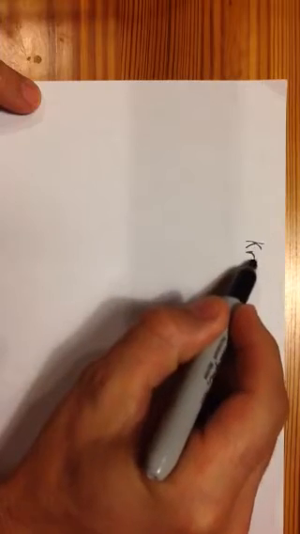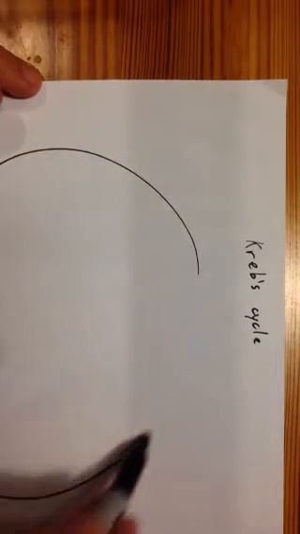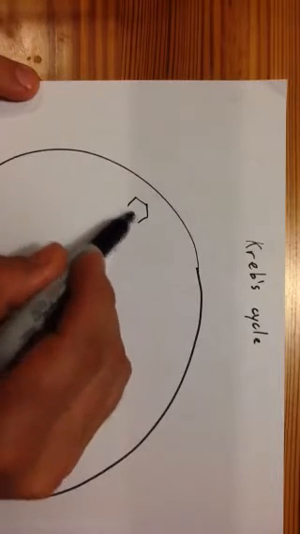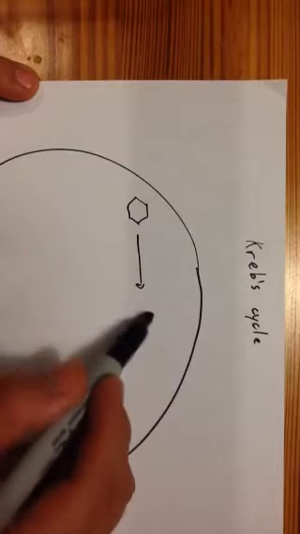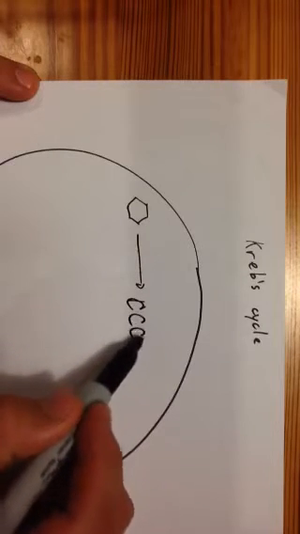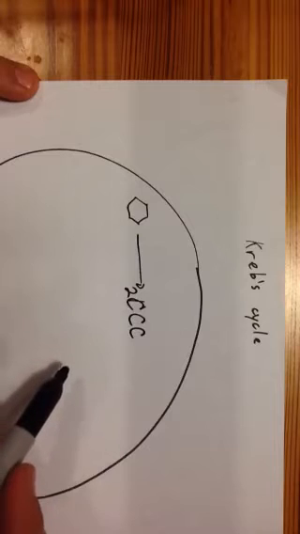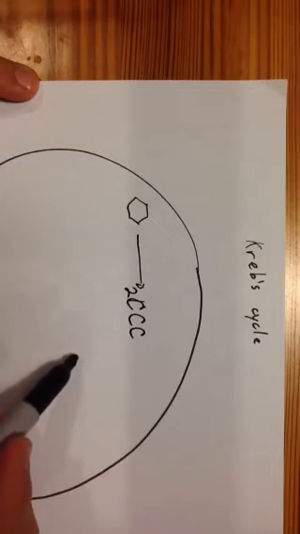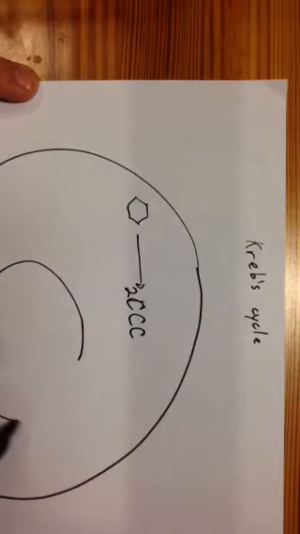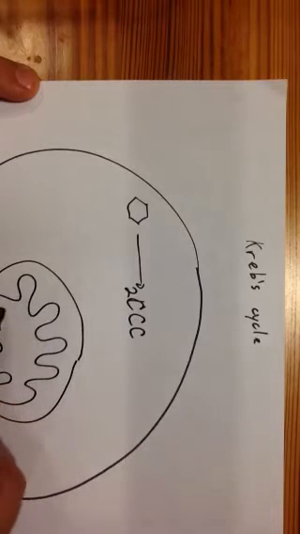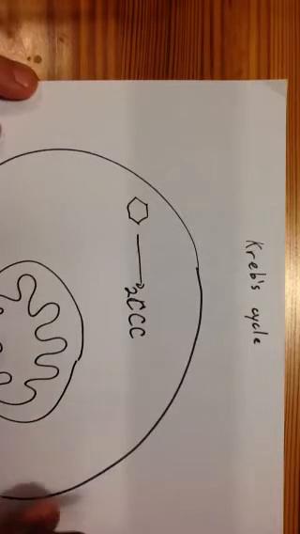Alright, so the second step of aerobic cellular respiration is going to be the Krebs cycle, also called the citric acid cycle. Now recall from the previous glycolysis video, we took our sugar, we converted it into 2 pyruvate molecules, and now we are going to take those and they actually have to enter the mitochondrion to be further oxidized.